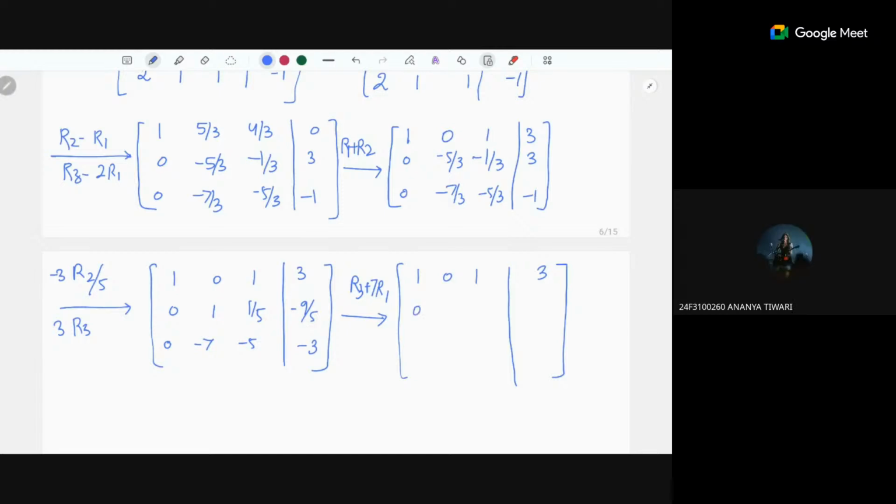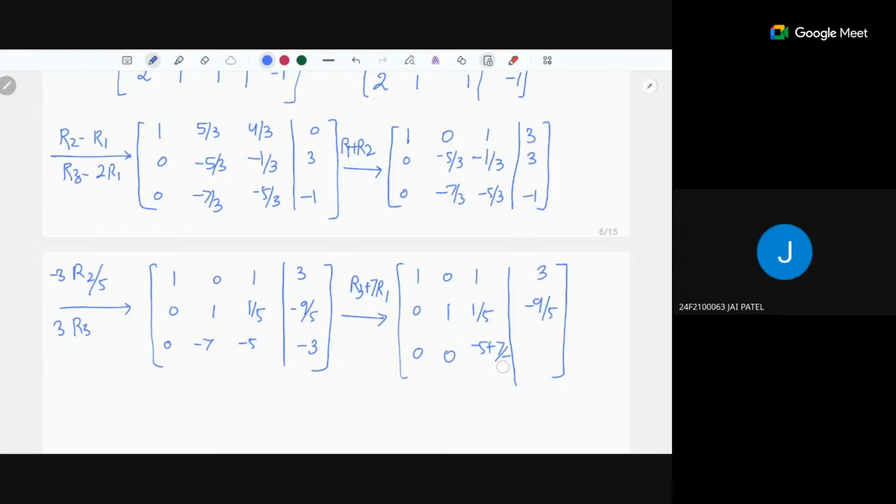So now what we're doing? Now we are adding up things. So R3 plus 7 R1, minus 5 plus 7 R1.